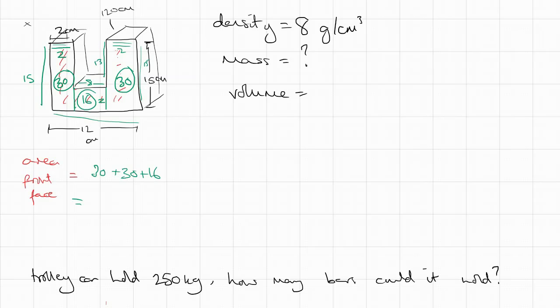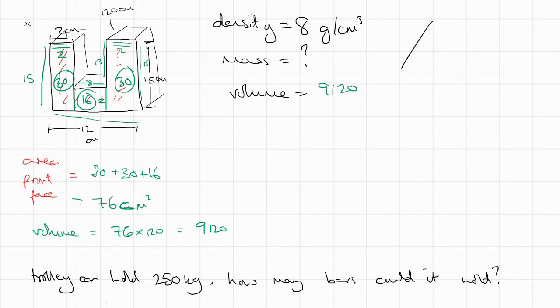You can obviously pull the question up and see it, but I know this is ruining the impact of it a little bit. My apologies. So that is 76 centimeters squared, and then to find the volume we need to do 76 times 120, which will be 9120. So let me put that up there.